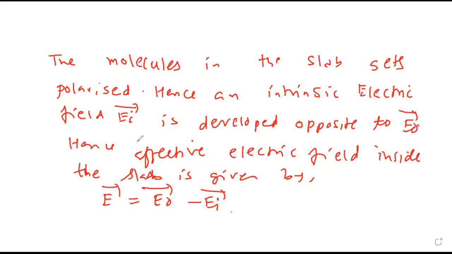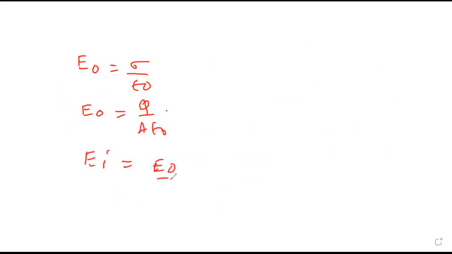Shall I rub this? Yes. Now E naught is sigma upon epsilon naught, which is outside. That is Q upon A epsilon naught. And E inside the dielectric is E naught by K. So Q upon A K epsilon naught.